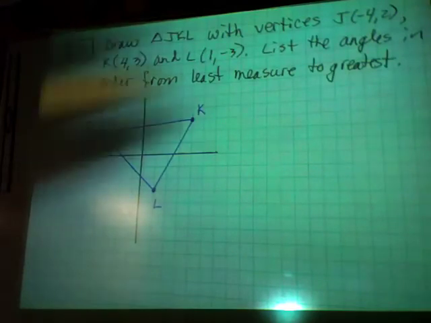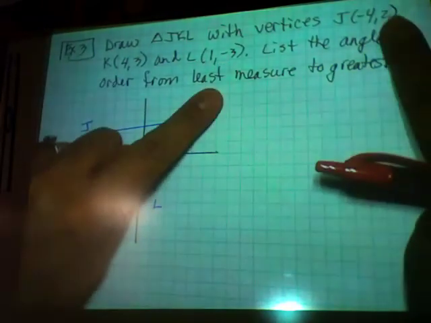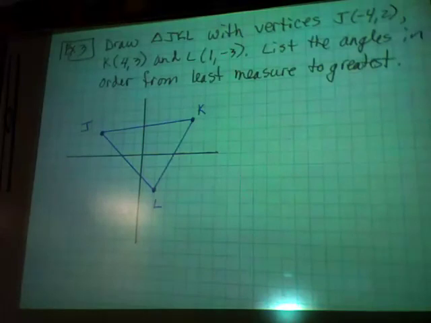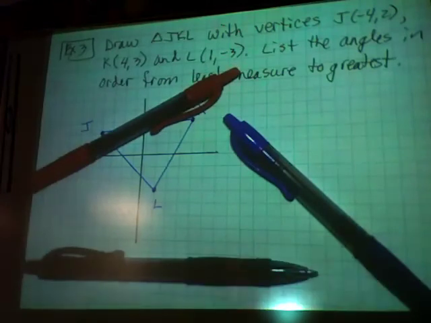So you'd have to find the slope from J to K, from K to L, and from L to J. If all three slopes are different, won't they at some point form a triangle? You haven't even plotted it, but that's how you can tell without plotting points if you have a triangle.